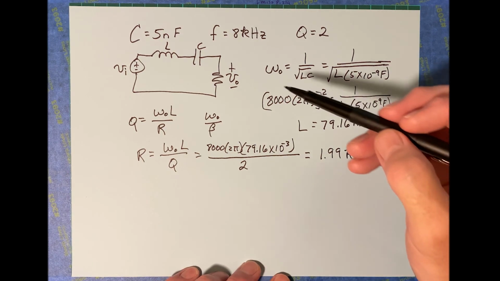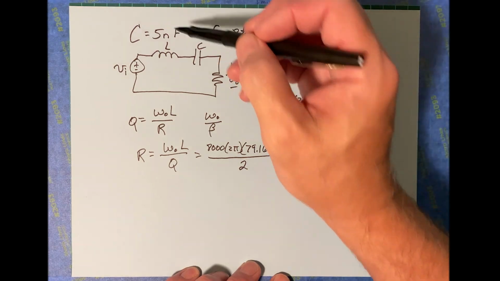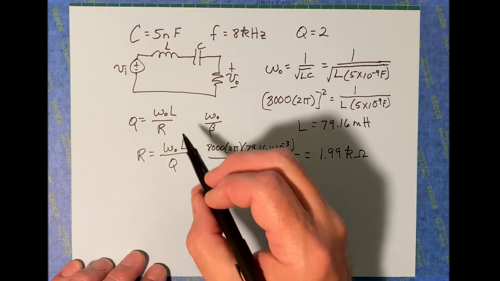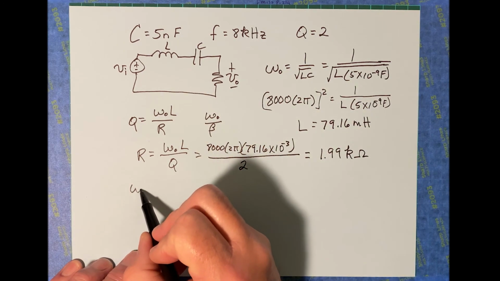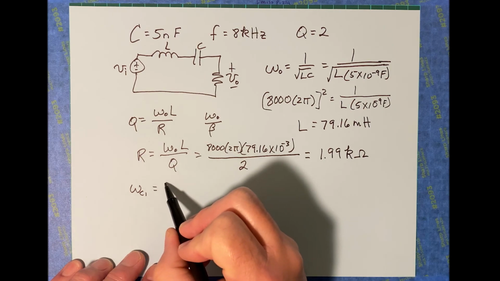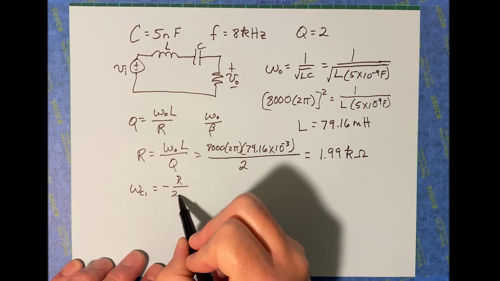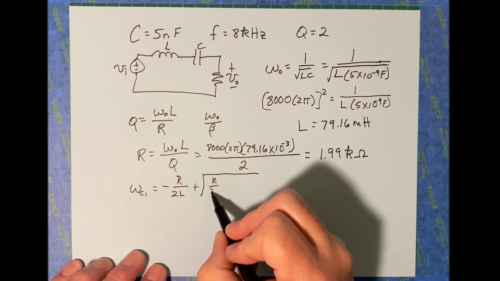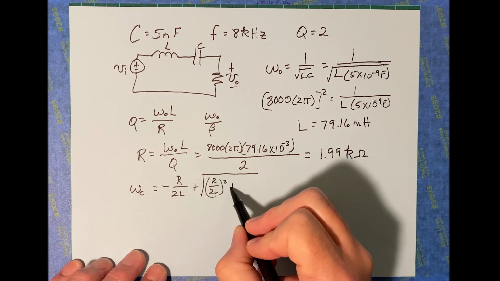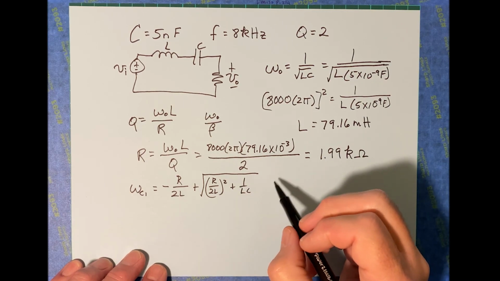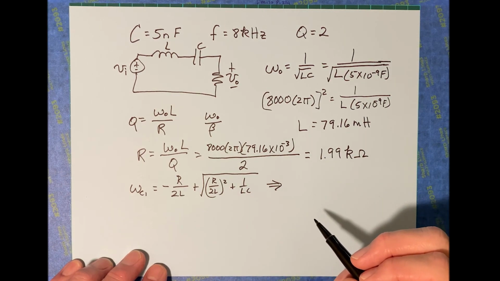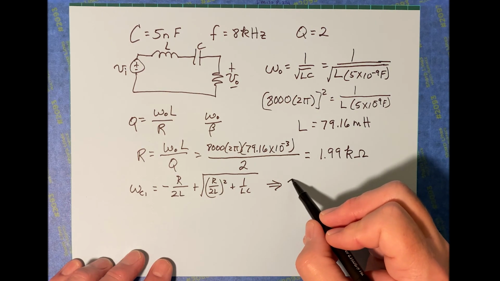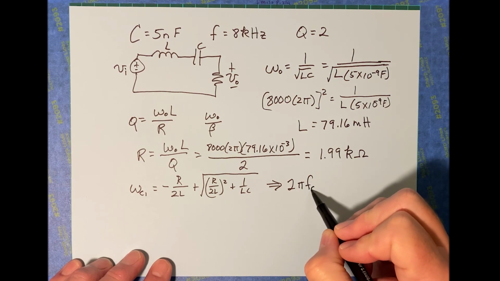Okay, at this stage we've got our R, L, and C values here. We should then be able to compute cutoff frequencies. Omega C1, that's going to be minus R over 2L plus the square root of (R over 2L) squared plus 1 over LC. And if you do that right there, that's equal to 2 pi f C1.